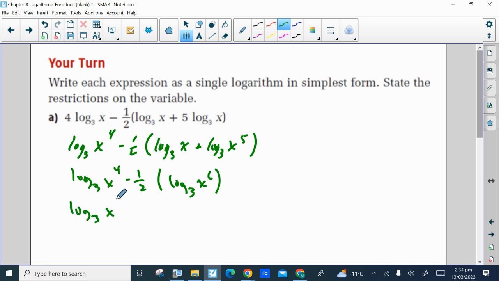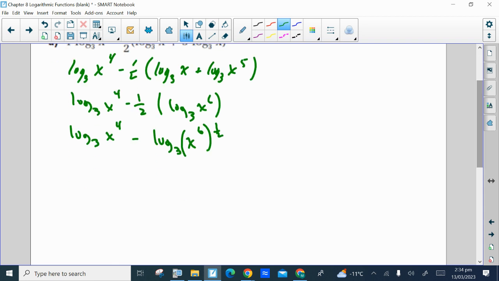Now I will bring the 1/2 in front of that log base 3 of x to the 6th up as an exponent. So you're actually going to have x to the 6th to the power 1/2. And when you have one exponent raised to another, you multiply the exponents and keep the base the same. This will be log base 3 of x to the 4th minus log base 3 of x cubed. 1/2 of 6 is 3.